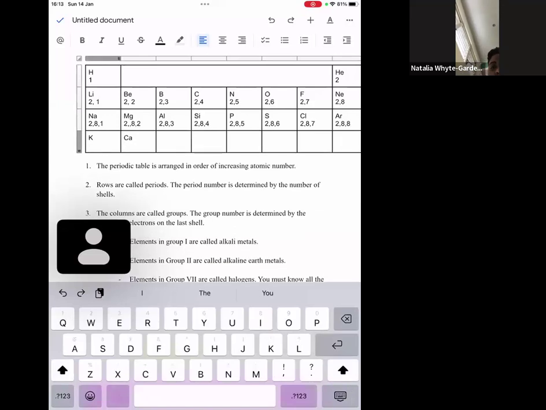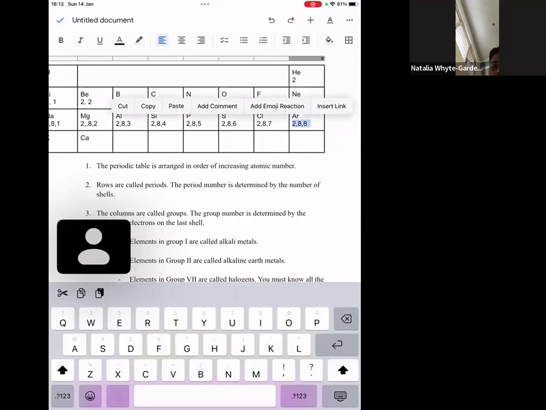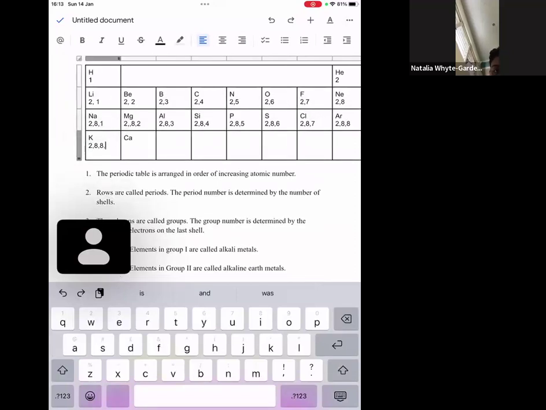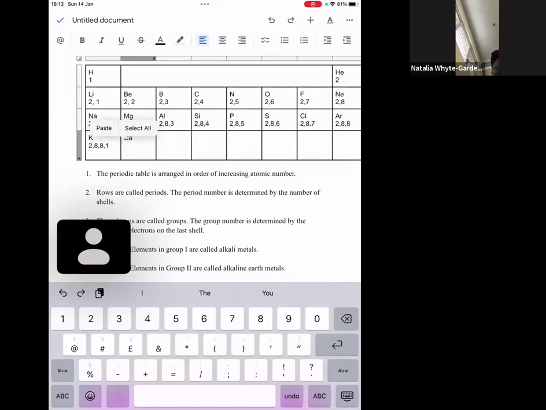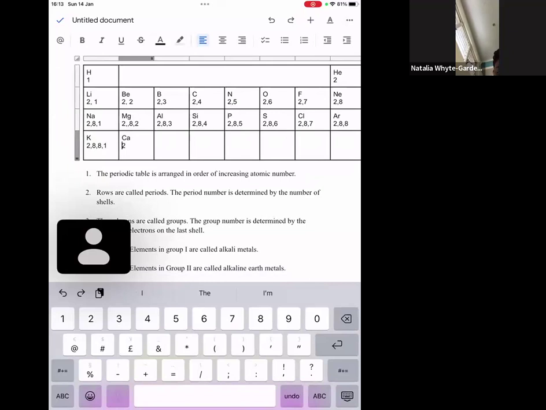And then now we have 2, 8, 8, 1, and we have calcium, which is 2, 8, 8, 2. So this is the electronic configuration.